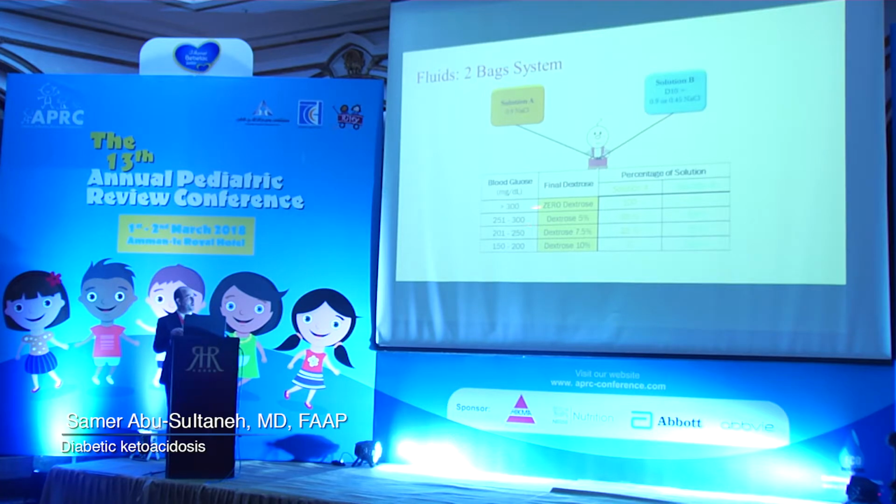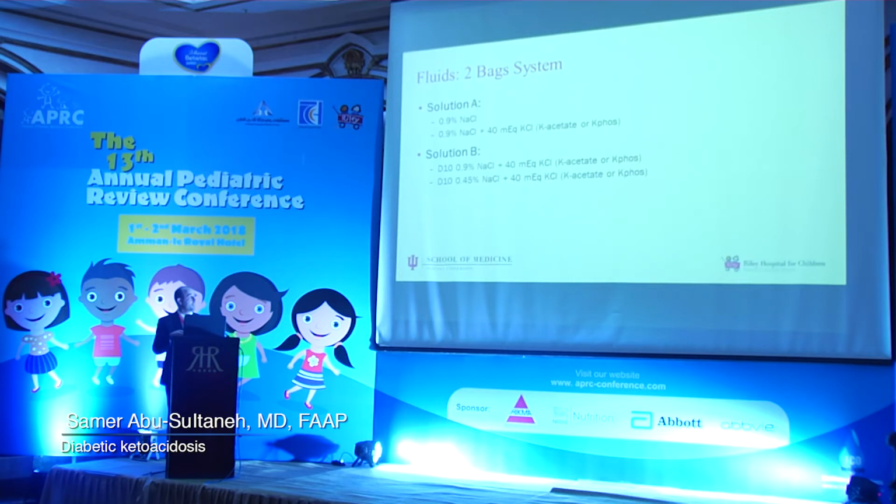Then when their glucose drops below 300, we start adding the D10, so we do 50-50. And if the glucose drops further, we start increasing the D10 normal saline so we can give them more glucose. This is just a couple of examples of solution A and solution B. Usually you don't like to add your potassium until your potassium is below 5.5.